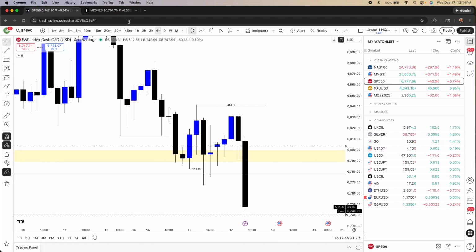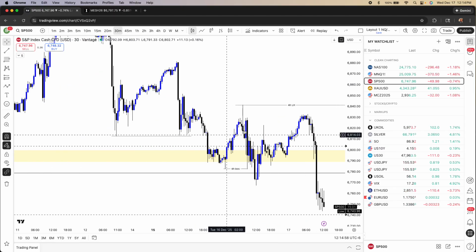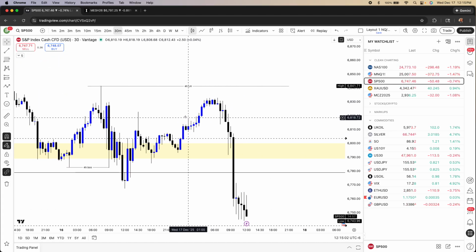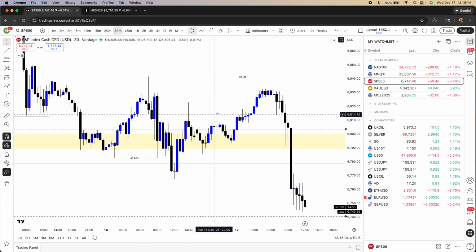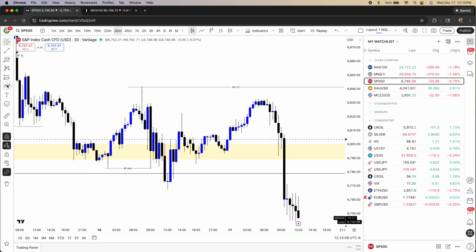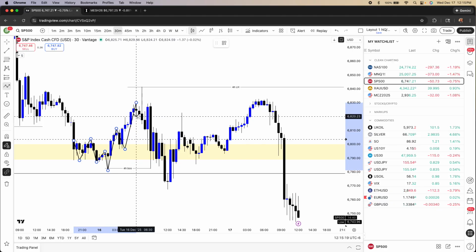So now we can go to, let's say, the 30-minute time frame and see if the 30-minute can give us some type of entry. Looking at the 30-minute time frame, it looks very similar to the 4-hour. This is our 30-minute time frame structure, at least how I map it out.